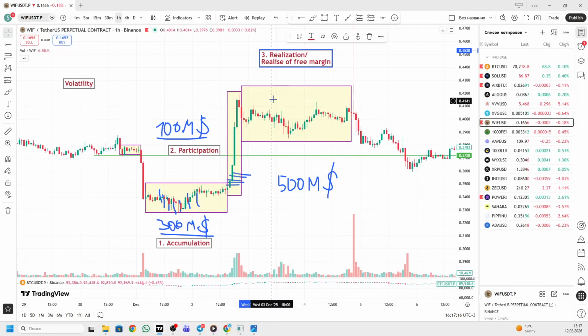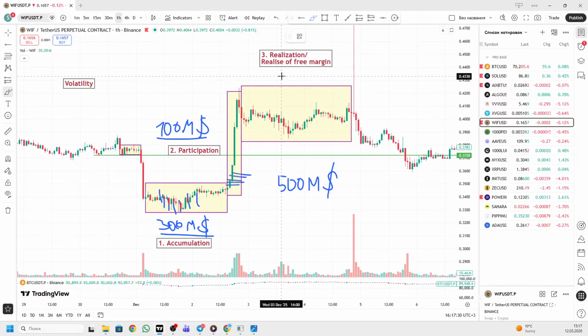During this phase, the big player might start freeing up margin while the realization process is happening. Why would he do that? Let's say he still has 100 million left. Here is $100 million.